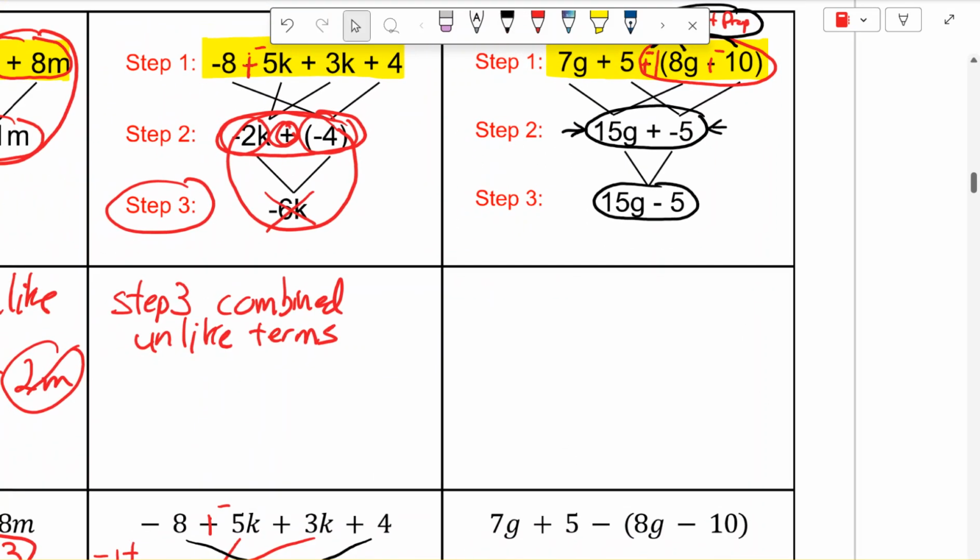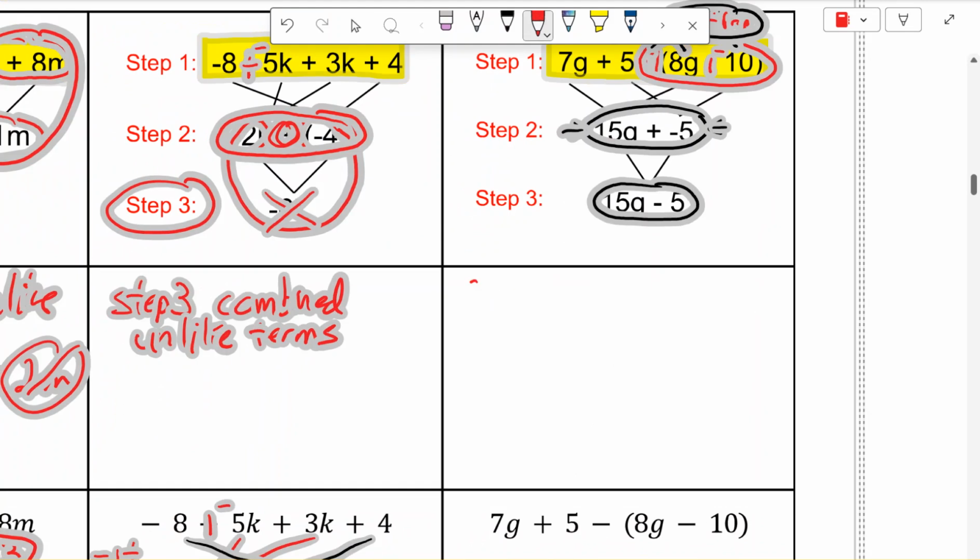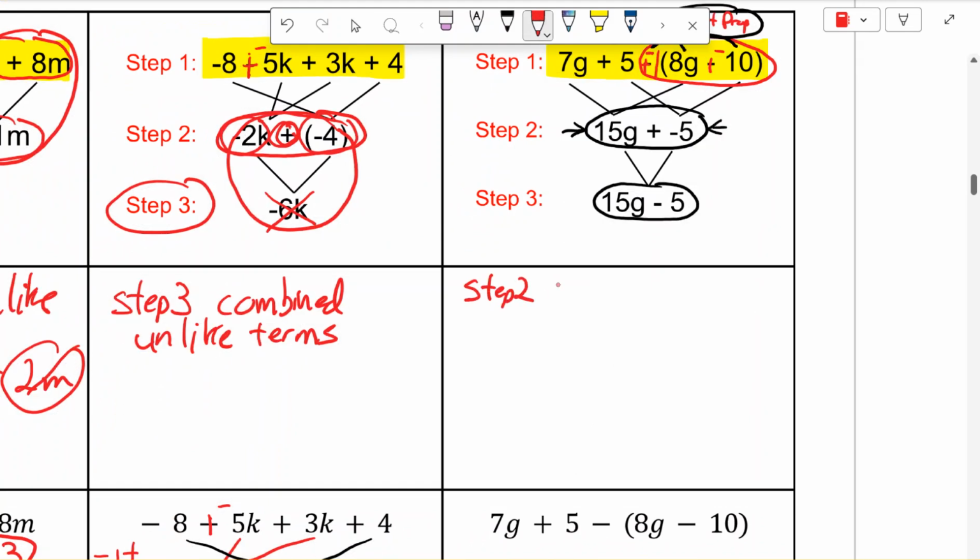So what happened to Joe? Well, in step 2, he did not do the distributive property. Distributive property skipped.